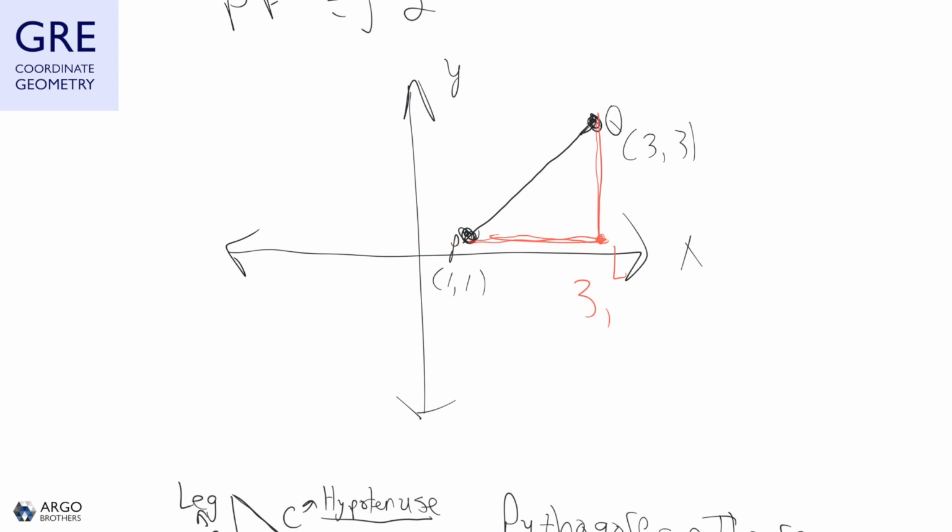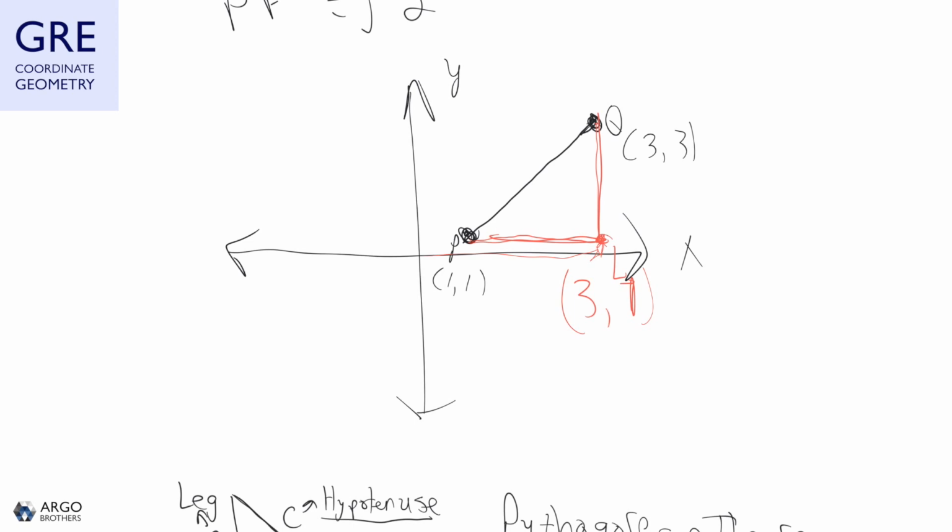It's right across from it. It doesn't go down, it just goes straight across. It's a purely horizontal line. Now we can just say that it's (3, 1). It goes across 3 and up 1, and so the point is (3, 1).